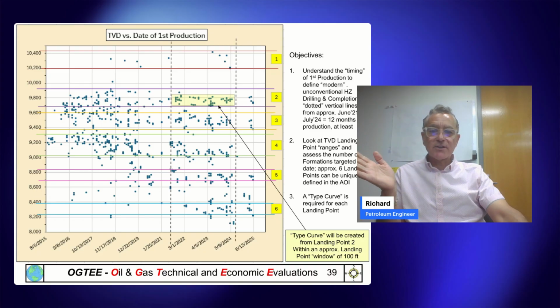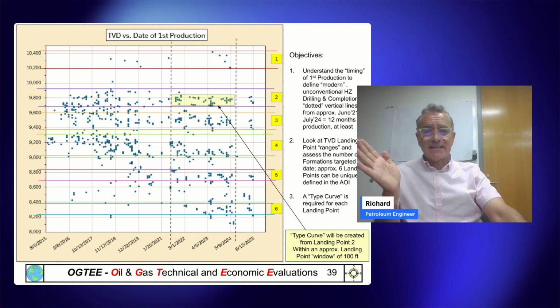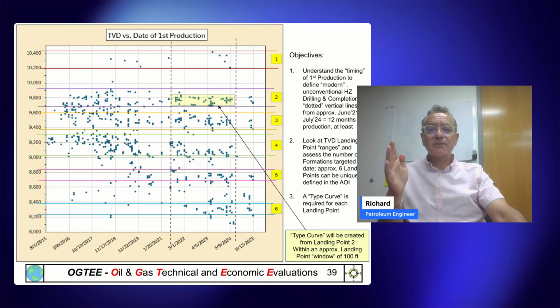In this case, I've picked approximately June of 2024 for the purposes of having approximately 12 months of production. I need at least 12 months of production to have some degree of confidence in being able to look at the production profile of those wellbores.